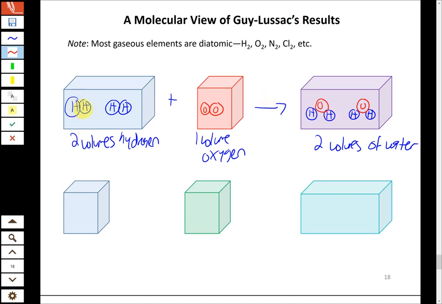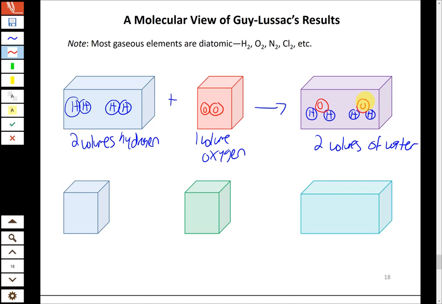Because if 2 hydrogens react with 1 oxygen, and they form 2 waters, they have to be this formula, H2O, for that to make sense. Again, there's not going to be really detailed problems of this. We just want you to understand where this all comes from and how we got these formulas.